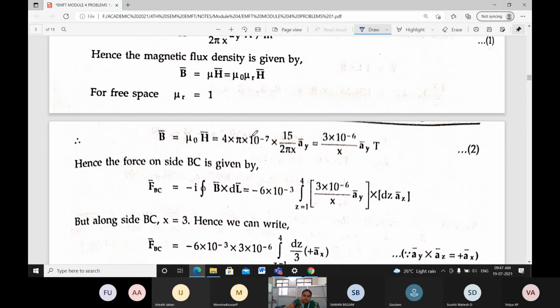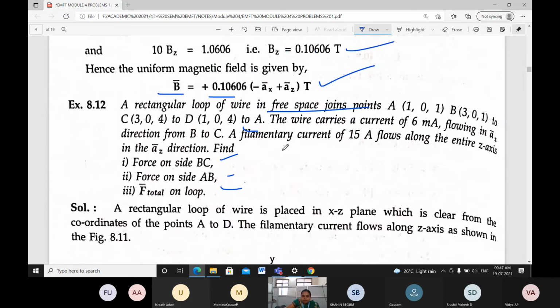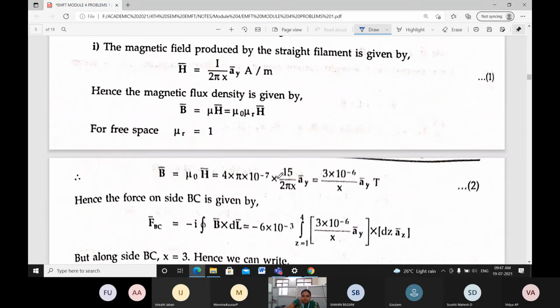Mu naught is 4 pi into 10 raised to minus 7, and H is 15 divided by 2 pi x into AY. Go for simplification, and we'll be getting 3 into 10 raised to minus 6 divided by x into AY tesla.